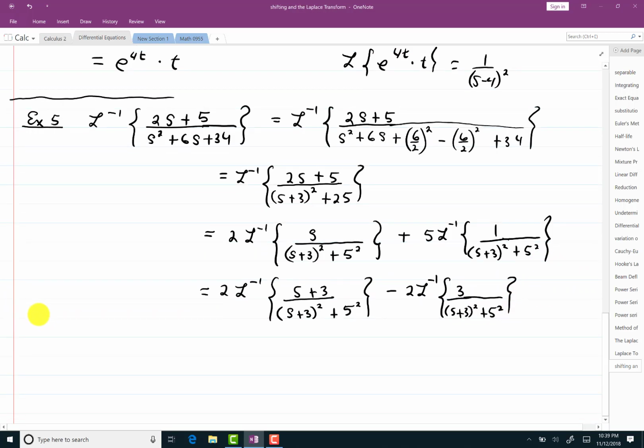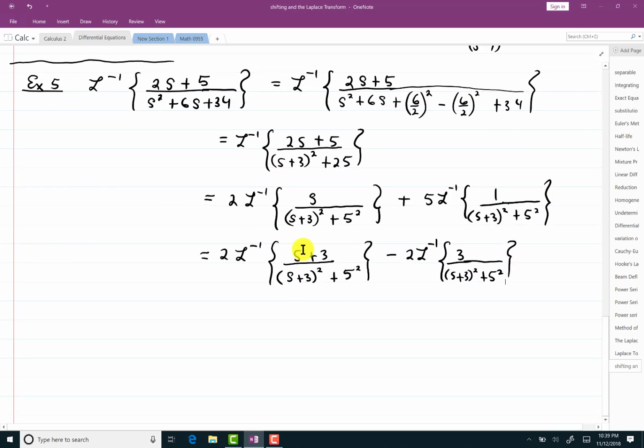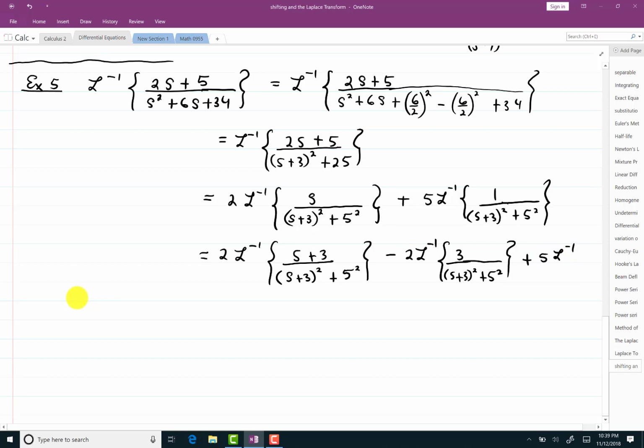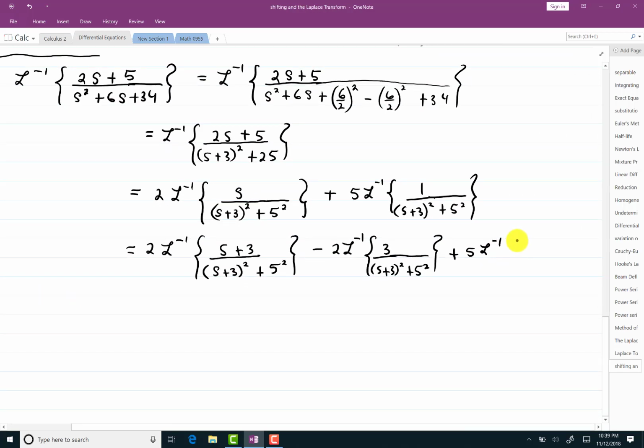And then here, don't forget the plus 5. Let me move to the right a little bit so I can capture all this. 1 over s plus 3 squared plus 5 squared. Now if you notice, these have exactly the same denominators. Here I have a negative 6 if you pull the 2 in, and I have a plus 5, so I'm going to take all this and make it minus 1.